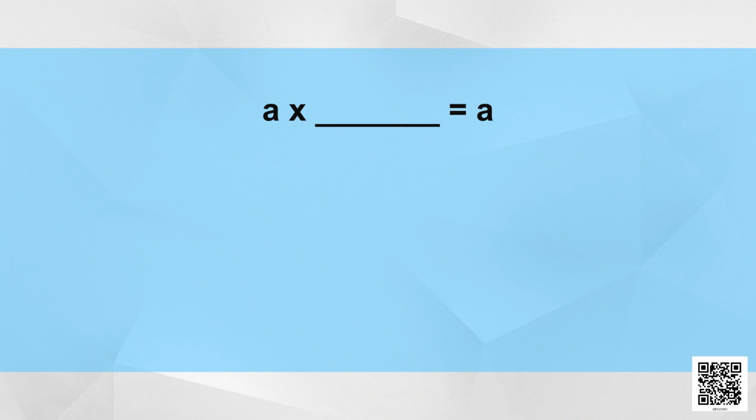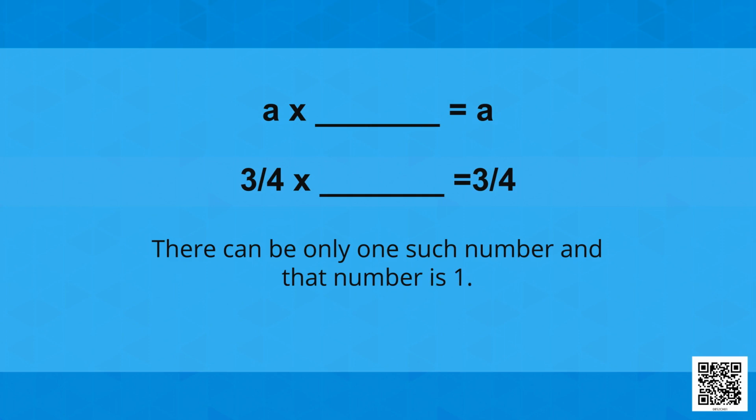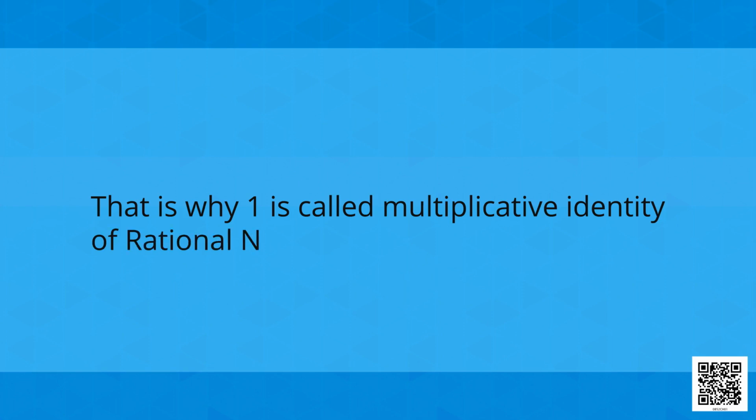Let us take another example. 3 upon 4 multiplied by a number gives 3 upon 4. Which number can we put in the blank? There can be only one such number, and that number is 1. That is why 1 is called multiplicative identity of rational numbers.